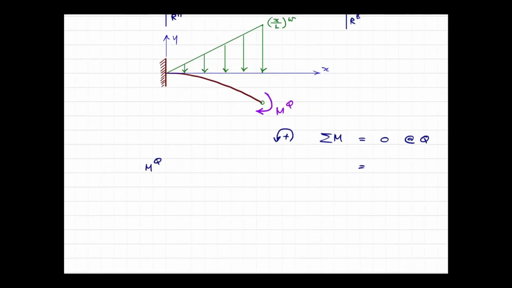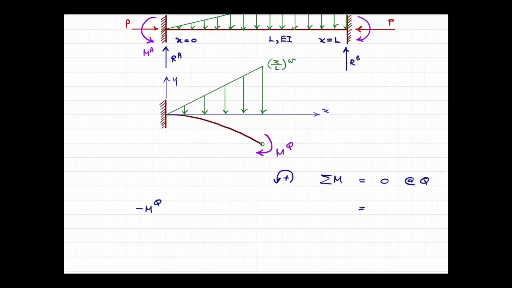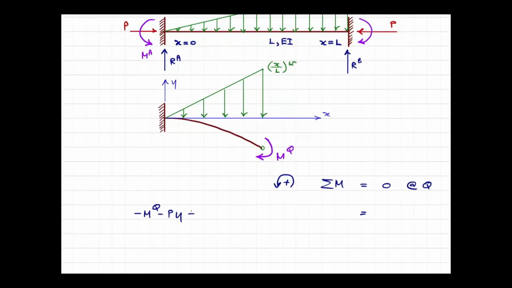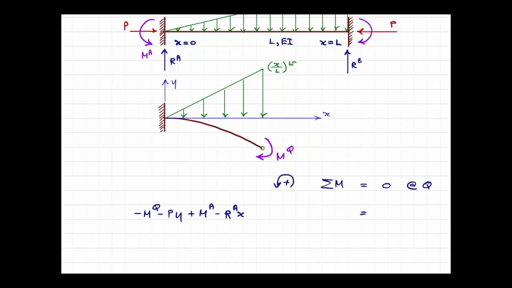So MQ is the minus sign, minus P times Y, plus MA, minus RAX, and then the effects from that ramp load.